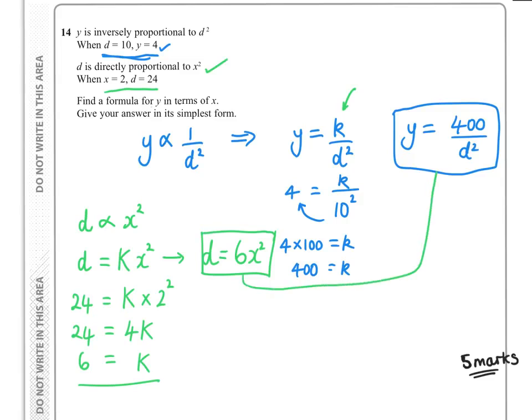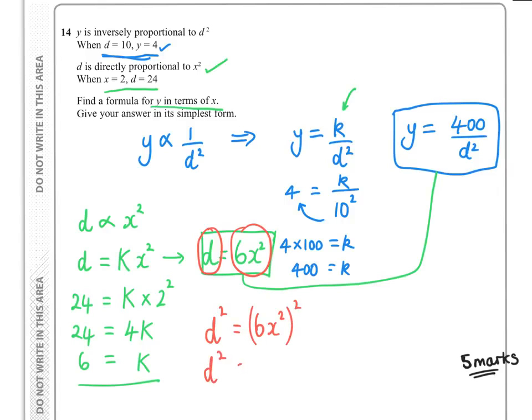So if we look carefully here, we want y in terms of x. So we really want to get rid of the d, so eliminate the d. So the best thing I think to do here would be to square both sides of this, and we would have d squared equals 6x squared all squared.